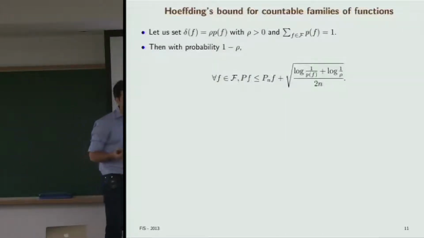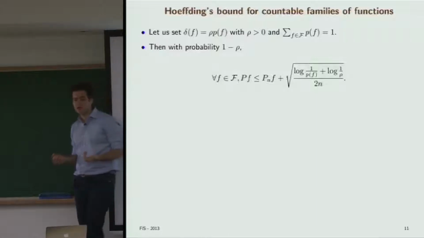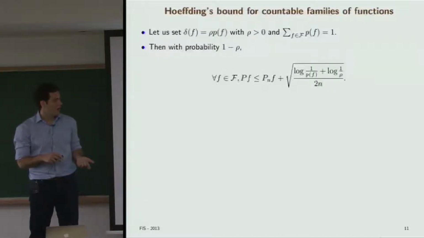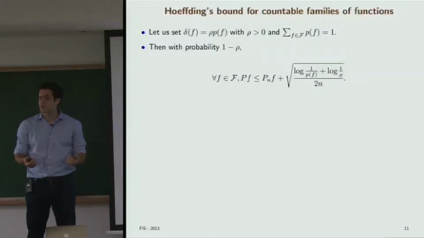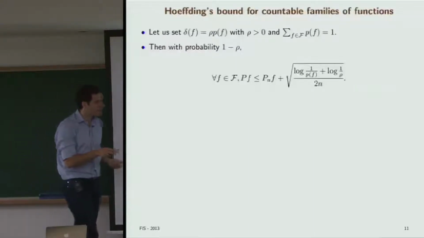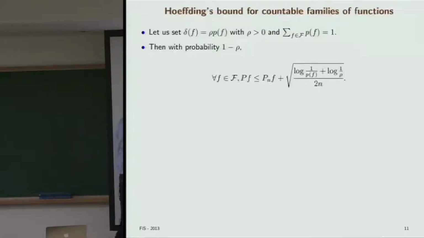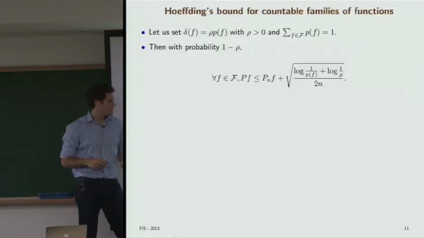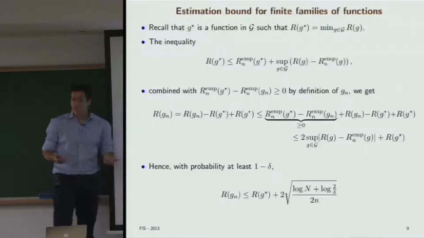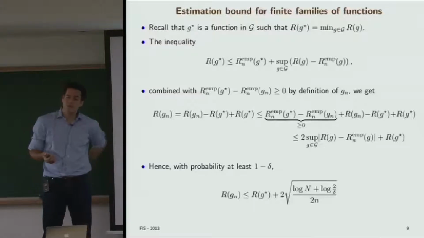So what you have is that we have traded finiteness for a weight which depends on each function. And then we can have a union bound using those weights, but for each f you will have a slightly different coefficient which will appear here. So what is the difference between this and this? Well, just think for a second, just think for a minute.